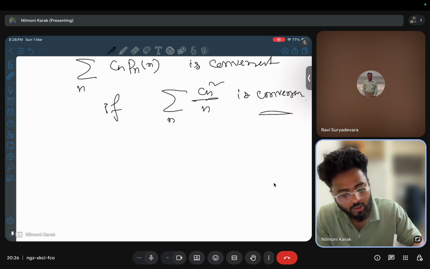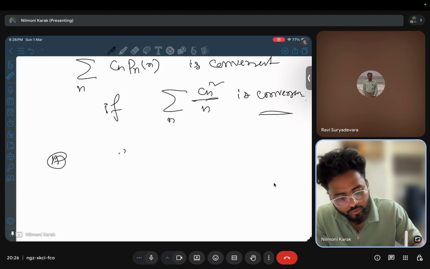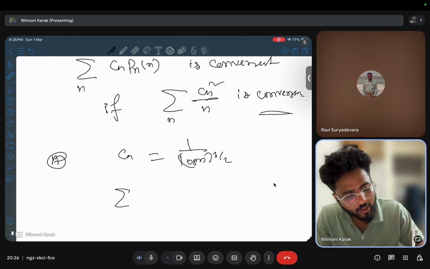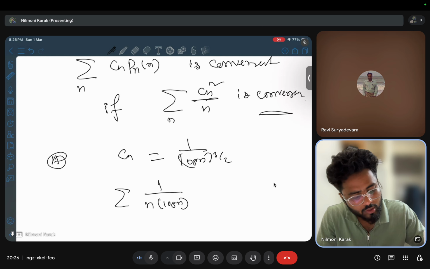So now just apply. Option A, right? Here Cn is given as 1 by log n to the power 3 by 2. So the sum is 1 by n log n to the power 3, Cn squared, so cube.